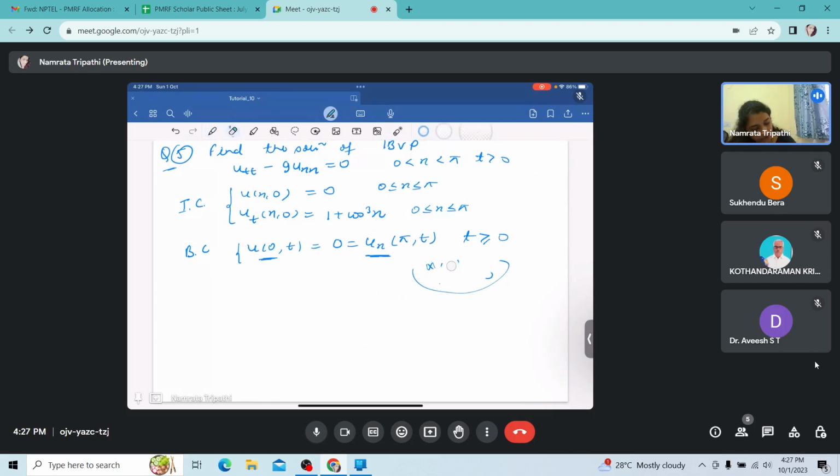Okay, let me write the solution, then you can see the difference. Again, use separation of variables and then set up the SL system for x.